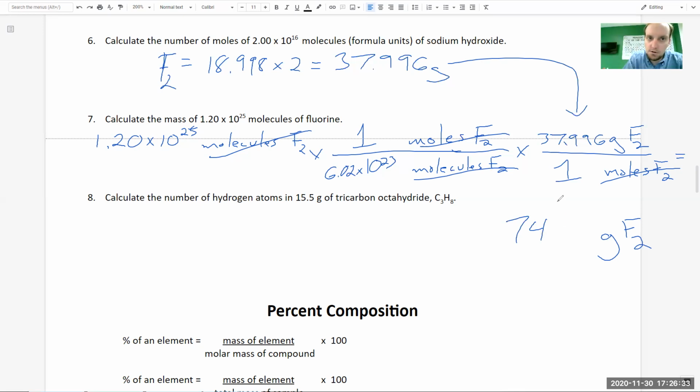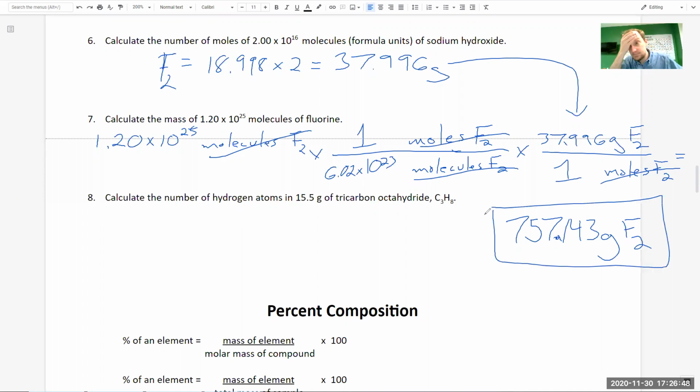Wow, I'm totally wrong. I don't even know where I got that number from. 757, wow. Just a little off, right? Just a little bit. There we go. That's the number of grams of fluorine contained in 1.20 times 10 to the 25th molecules of F2.